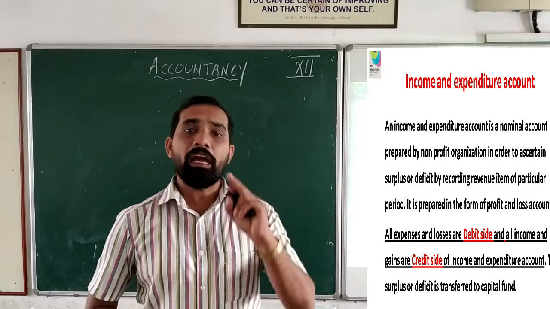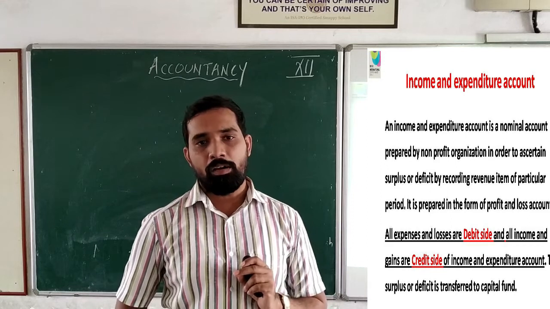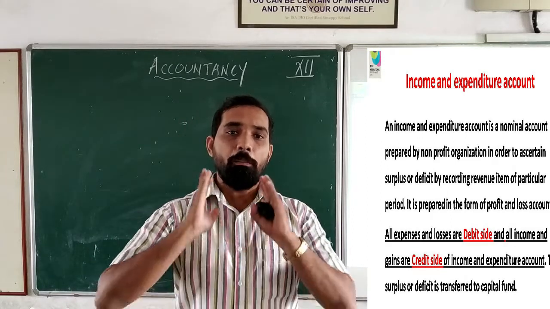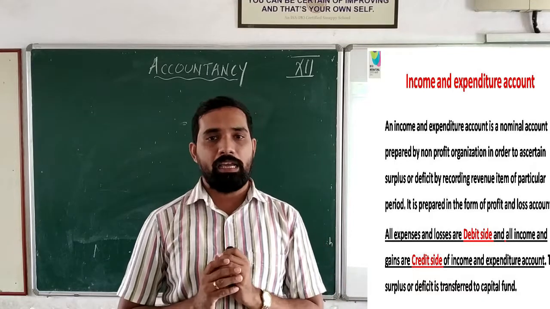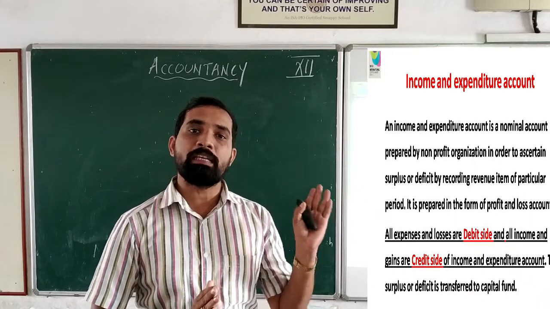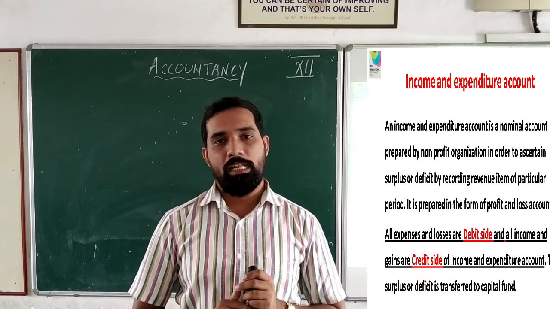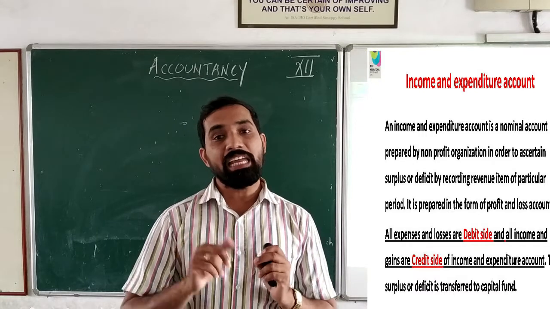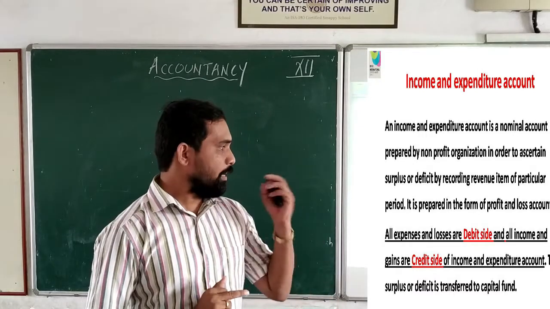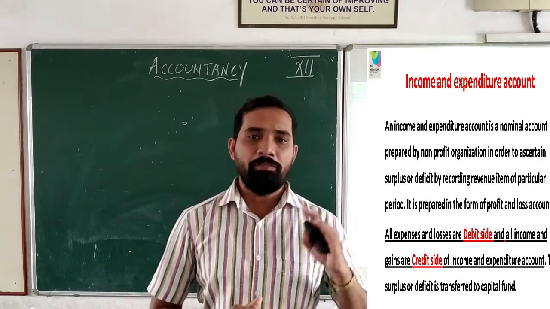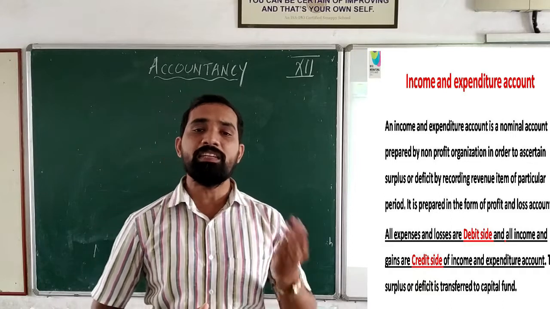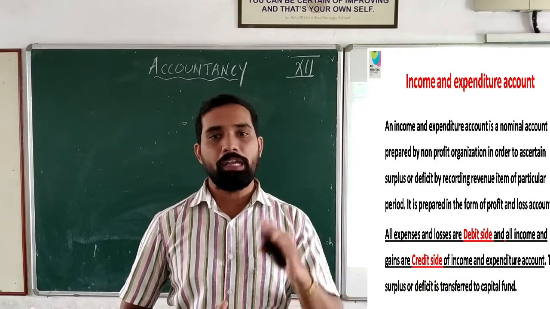So, income and expenditure account has two sides, that is debit side and credit side. Debit side shows all expenses and losses, and credit side shows incomes and gains. And then finally the result will be surplus or deficit.